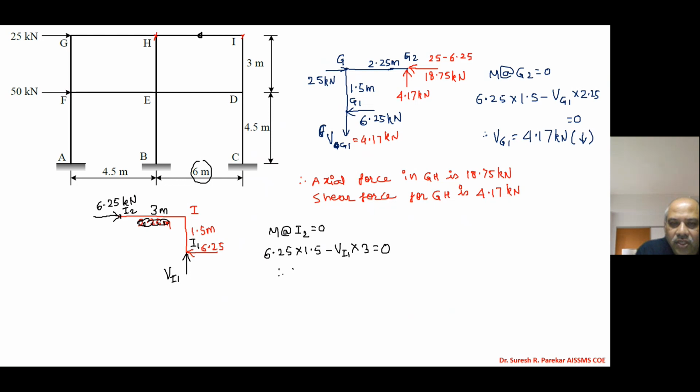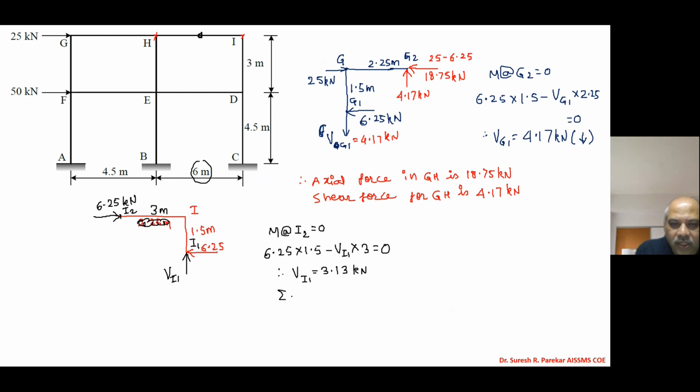From this I will get Vi1, which is 3.125. So I can write 3.13 kilonewtons.